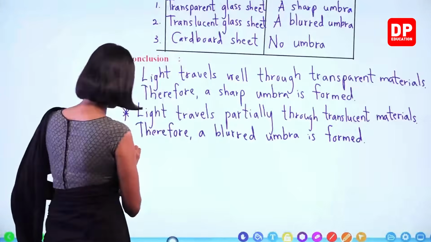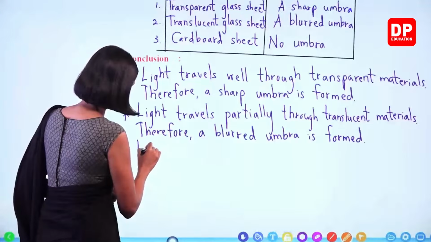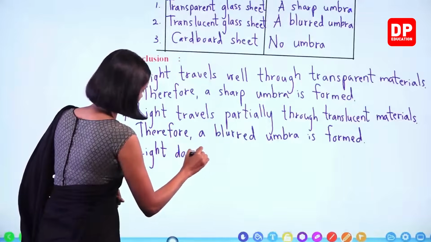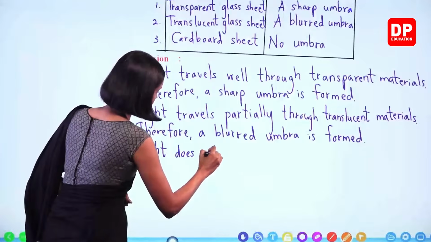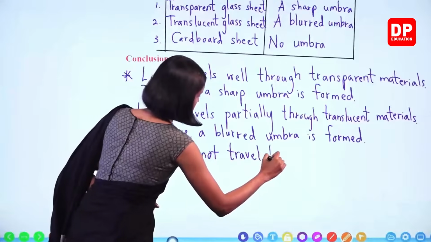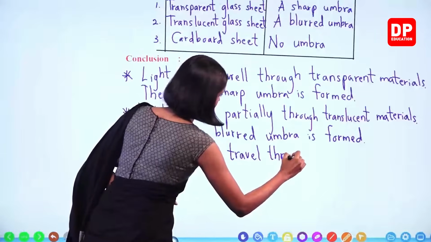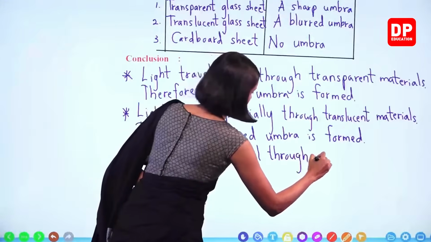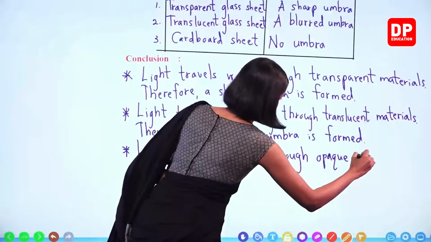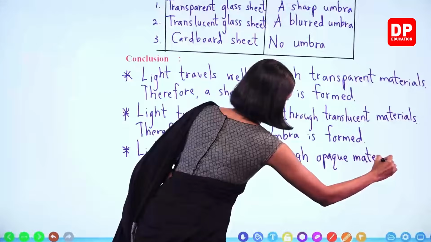And finally, light does not travel through opaque materials.